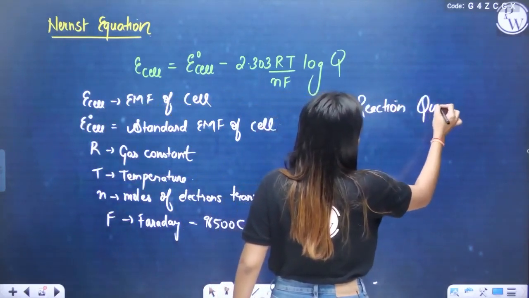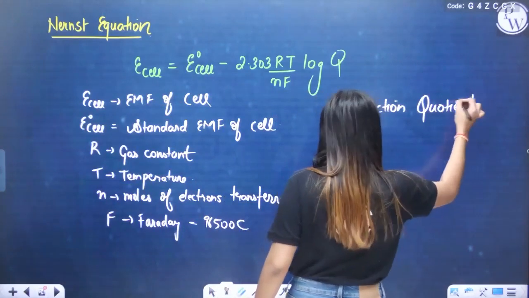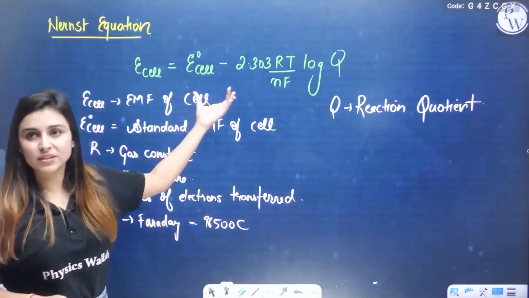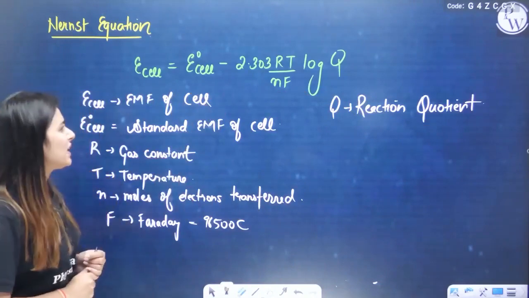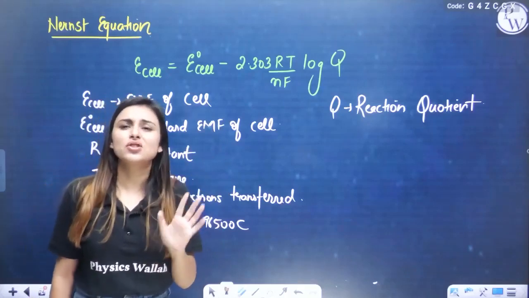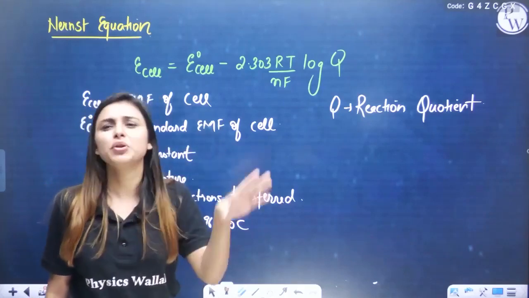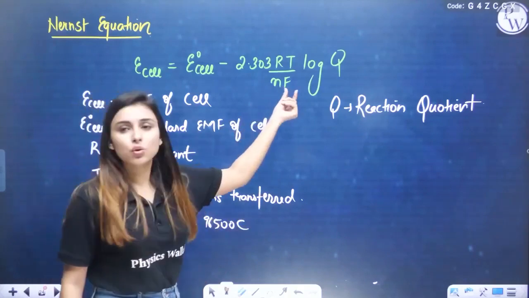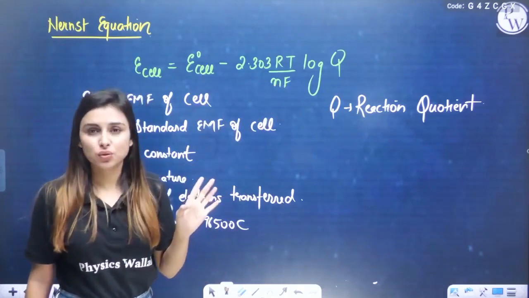Now when Nernst gave this equation, he supposed that R is a constant value. We generally take reactions at room temperature, at one particular temperature, so he fixed the temperature as well. And we know the value of Faraday, it is 96500 Coulomb.